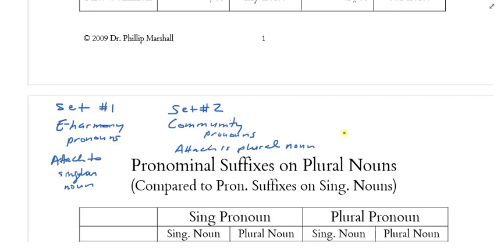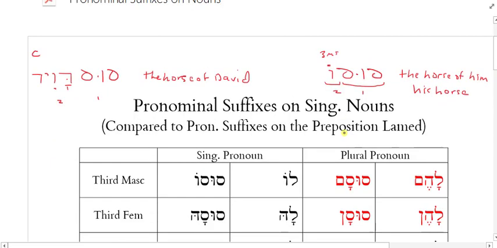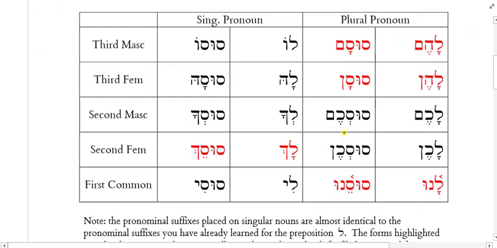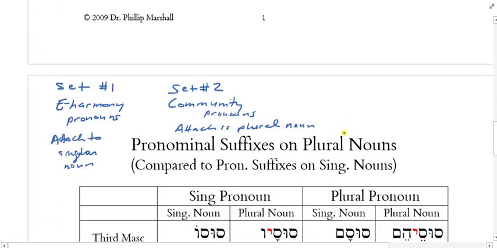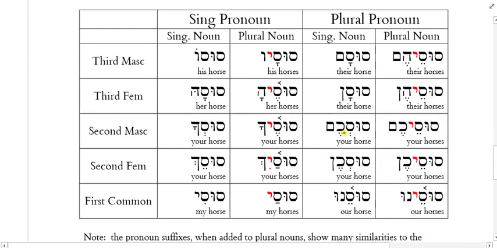And on the second page of this handout that you have, pronominal suffixes on singular nouns is page 1. Pronominal suffixes on plural nouns is page 2. I put side by side the eHarmony pronouns here and the community pronouns on this side.